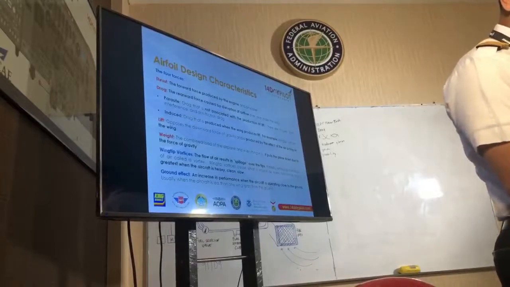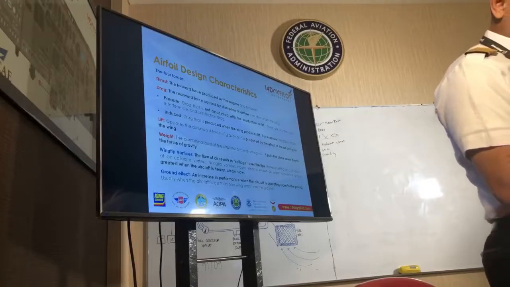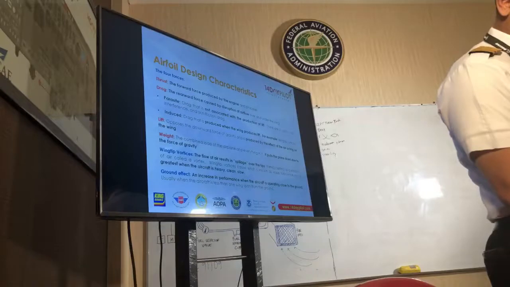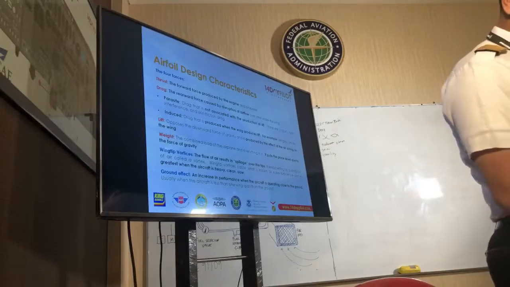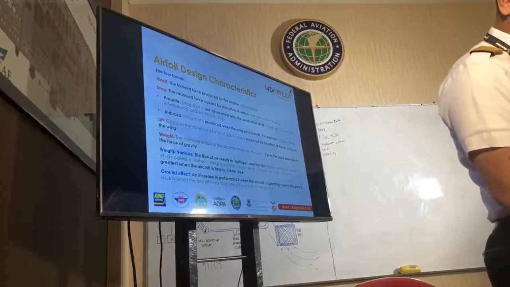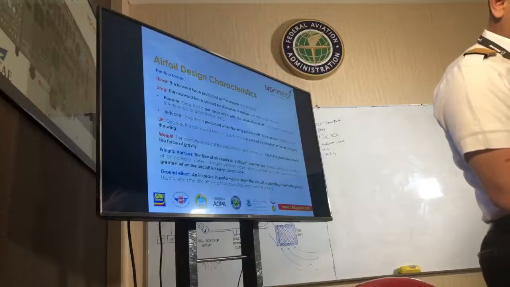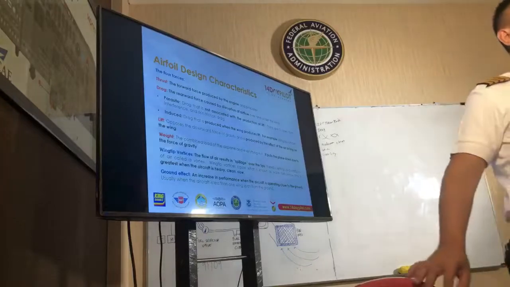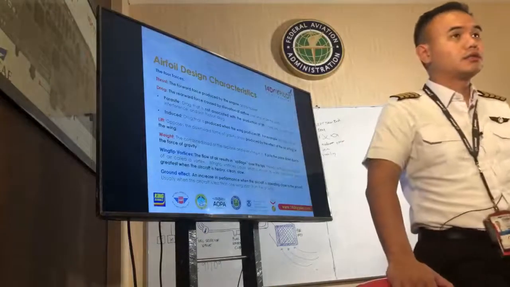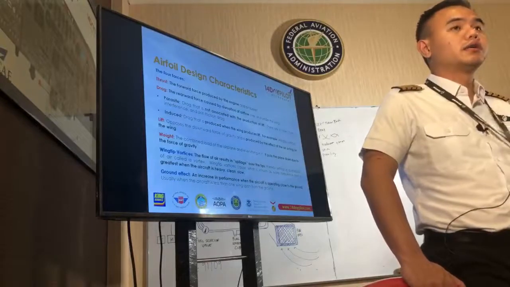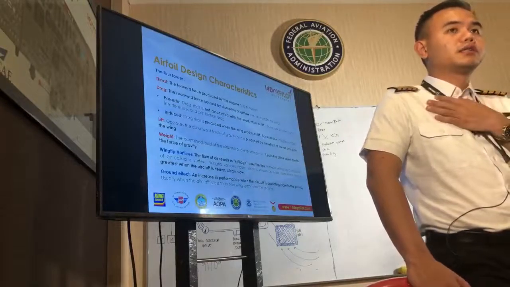And then how about the induced drag? When the airspeed doubles, the parasite drag is fourfold. Fourfold, yes. And then? When it's decreased, right? What decreases?